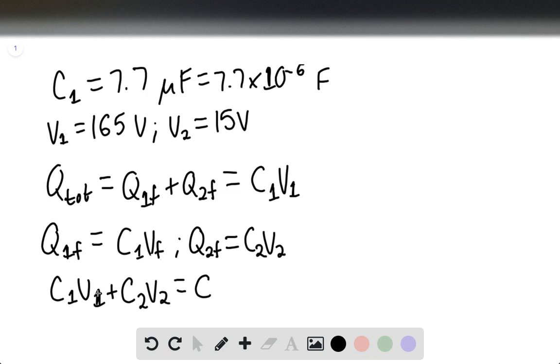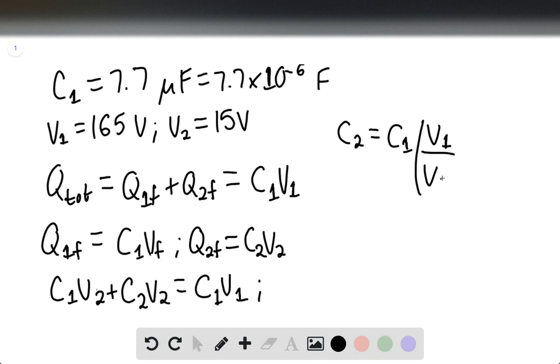So here we would have C sub 1 V sub 2 plus C sub 2 V sub 2 equals C sub 1 V sub 1. There we go. And at this point now we can solve for C sub 2 and say that C sub 2 is going to be equal to C sub 1 V sub 1 divided by V sub 2 minus 1.